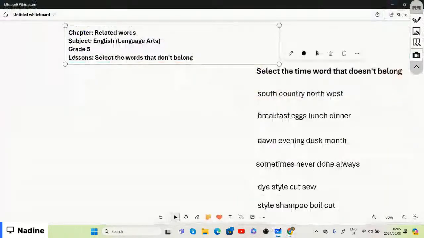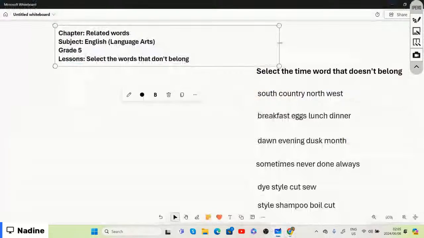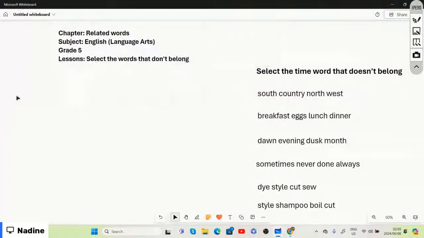All right, so our chapter is related words. Our subject is English language arts, Grade 5.